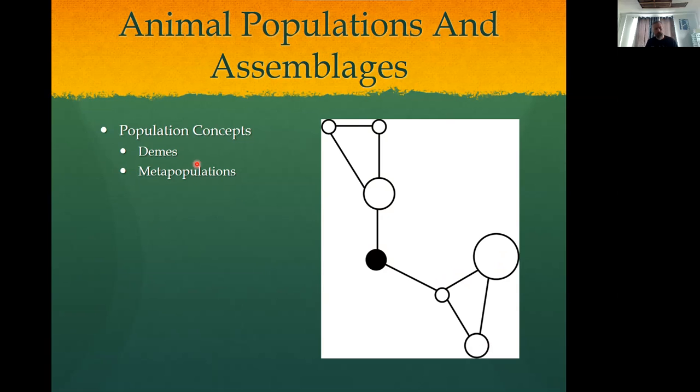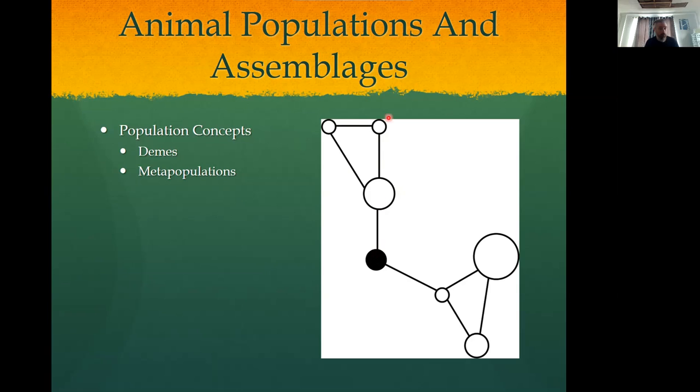The other concept here is the concept of a deme, okay? And a deme is within a population, whether it's a meta-population, a subpopulation, just a regular population, whatever. Within that population, the individuals that have a high possibility of interbreeding, okay? So a deme might include these guys, and these guys, right? But not necessarily these guys and these guys, okay?